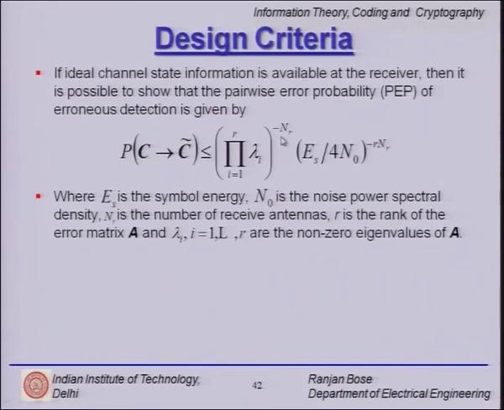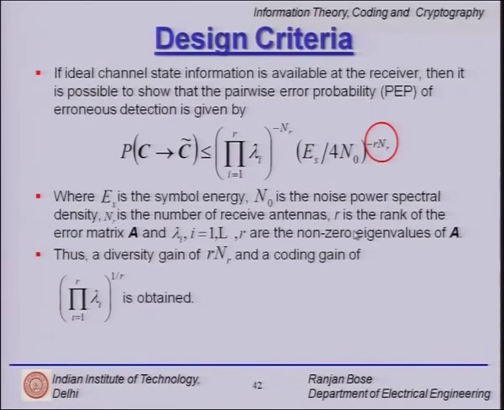NR is the number of received antennas, and R is the rank of the error matrix A, which we had defined previously. So, to minimize the PEP, the pairwise error probability, we have to play with NR and R, the rank. So, rank has to come into the picture.